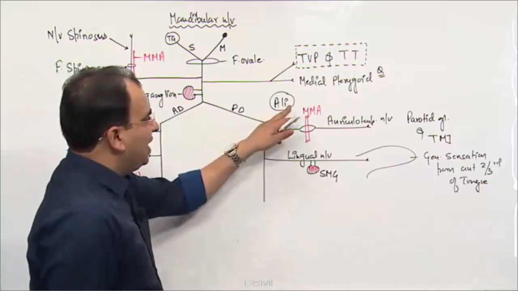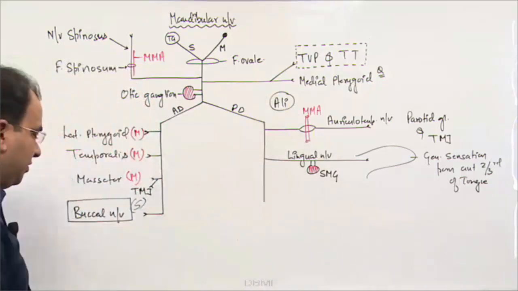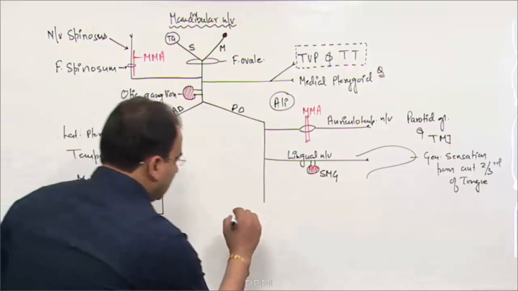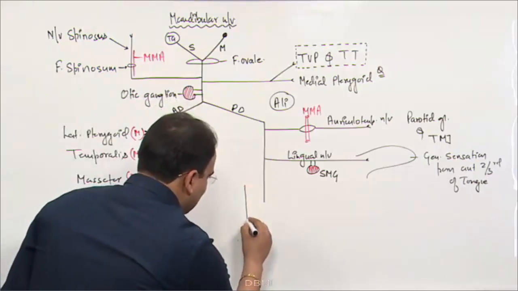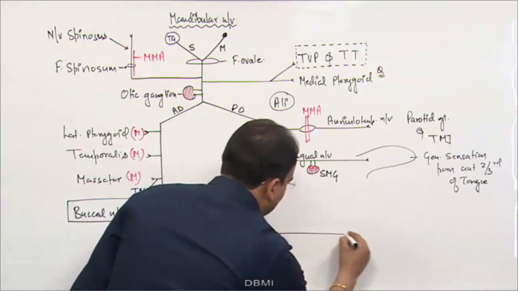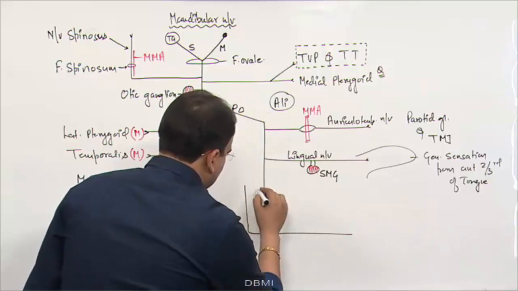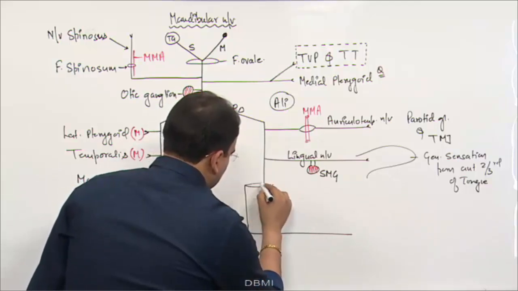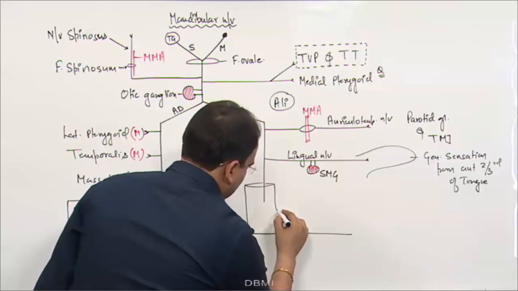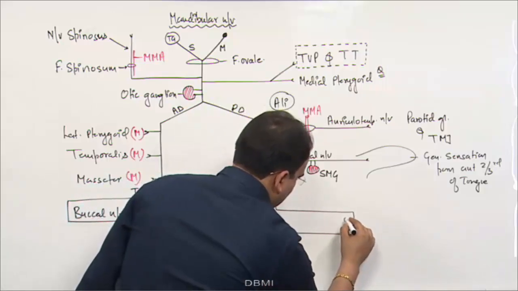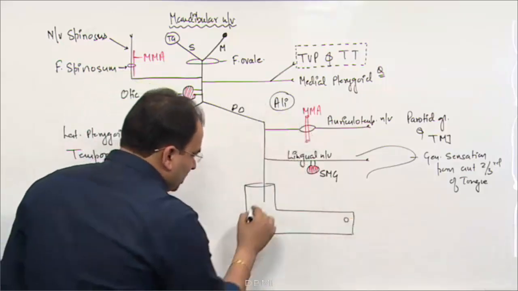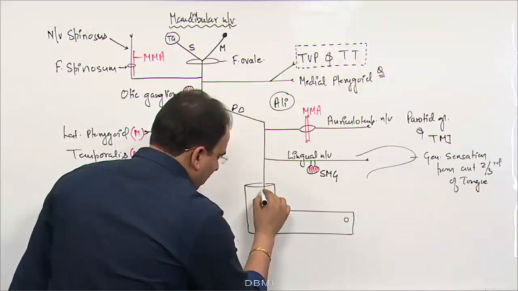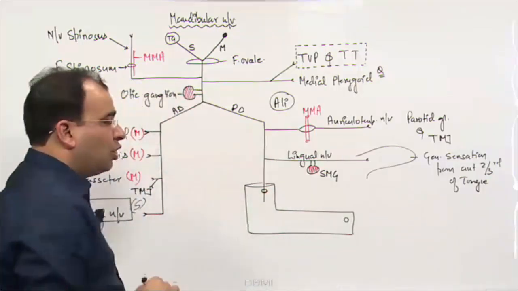And lastly we have I. I is inferior alveolar nerve. Now this nerve actually goes inside the mandible. If I roughly say this is the mandible here, the nerve goes inside the mandible through a foramen, into a canal called the mandibular canal.